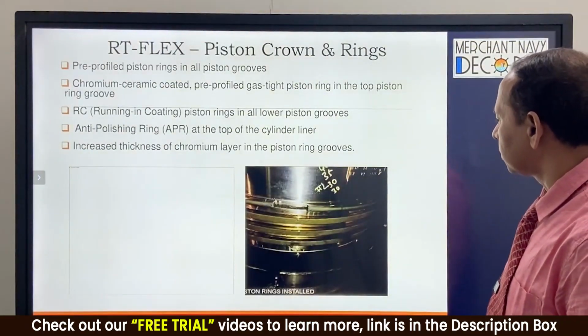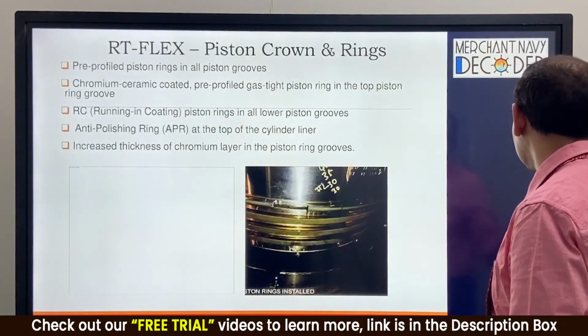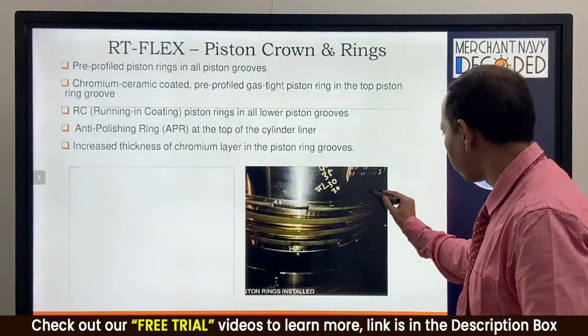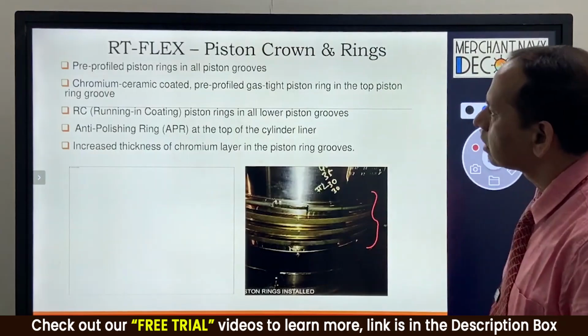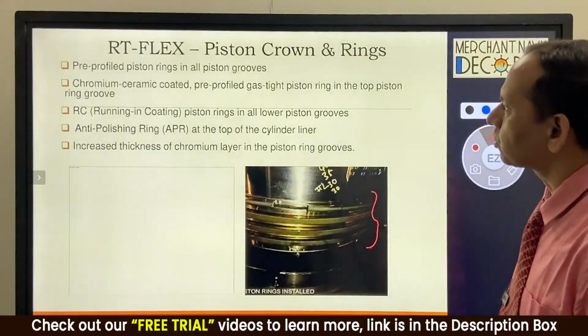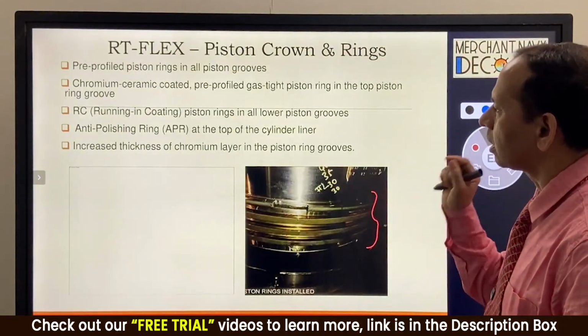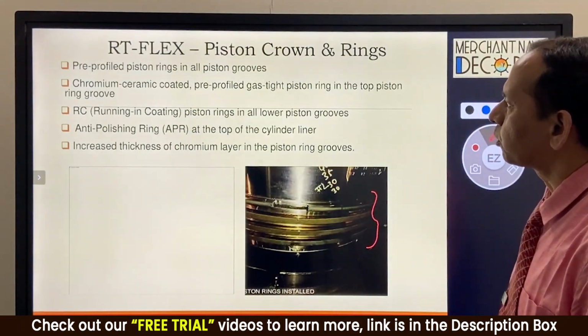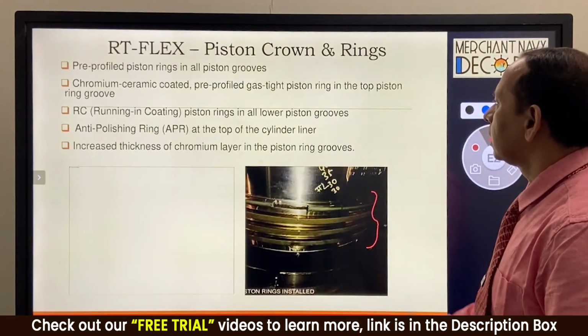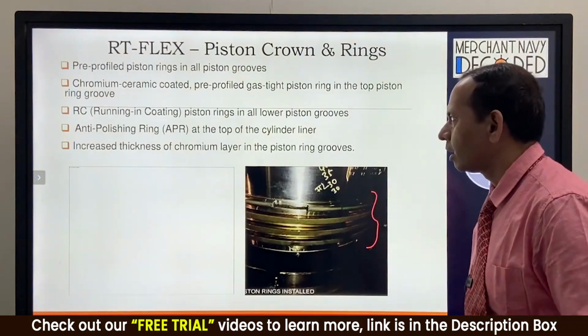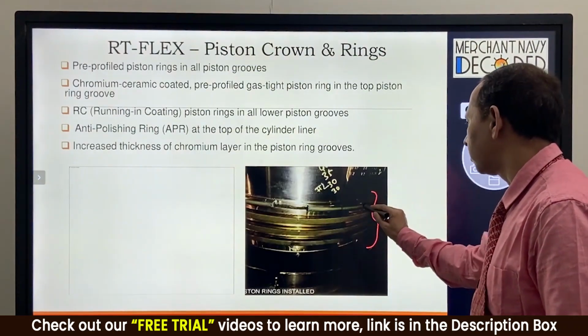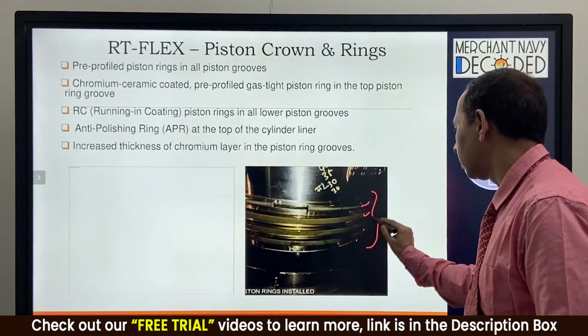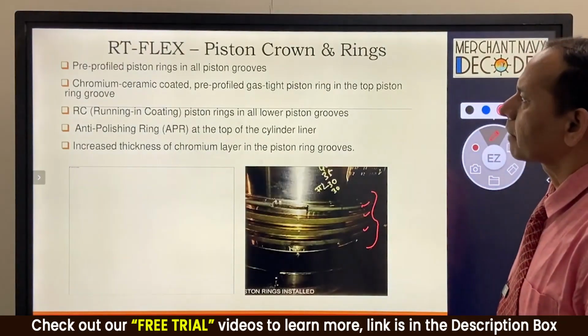This is the picture which is showing the piston ring and the piston ring group profile, as you can see here. What is special in this piston ring? We had discussed in general in earlier sessions also that we have pre-profiled piston rings, with a different profile in all the groups and not only on top.